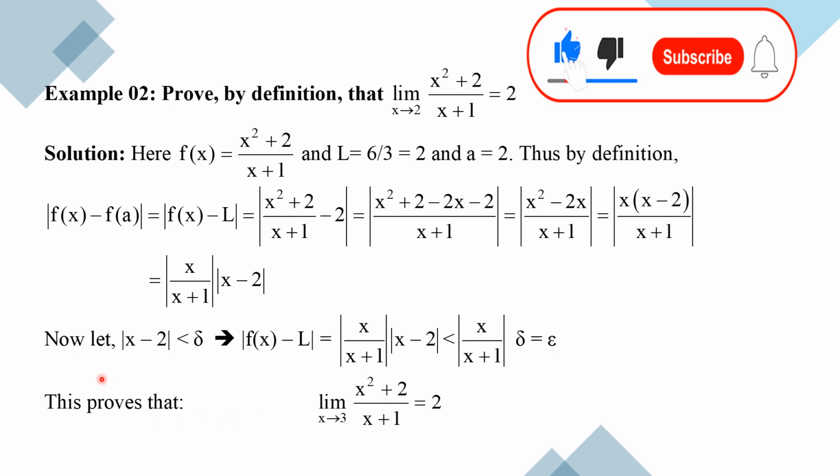So we have |x − 2| < delta and we find |f(x) − L| is also less than epsilon. That completes the proof, and we have the limit as x tends to 3 of (x² + 2)/(x + 1) is equal to 2.